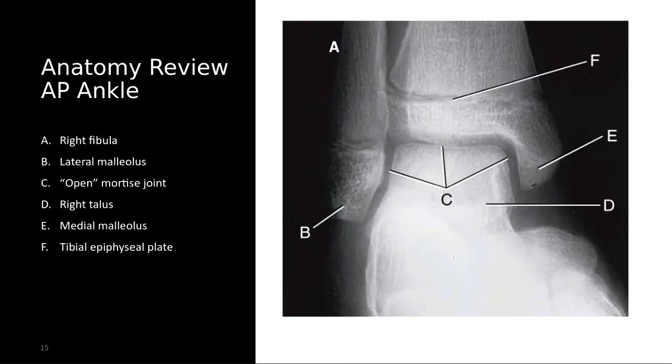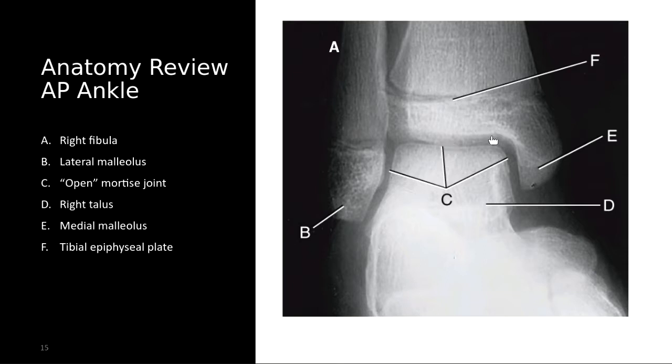As far as just looking at some of the anatomy to review this for an AP ankle, this can be found on page 217. If we look, letter A, this is a right fibula. B, this is the right lateral malleolus. C, this is the open Mortise joint all the way along here. It's not really open right here because this is an AP ankle.